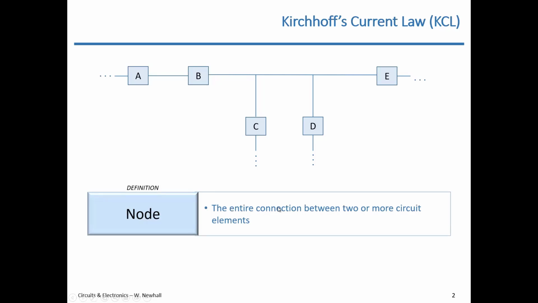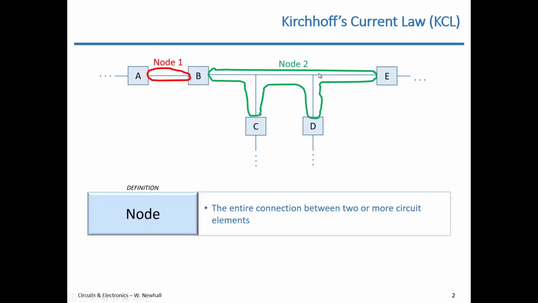So a node is the entire connection between two or more circuit elements. So for example, this is a node and this is a node. So the node on the left is the entire connection between two circuit elements. The node on the right, the green node, node 2, is the entire connection among these four circuit elements.